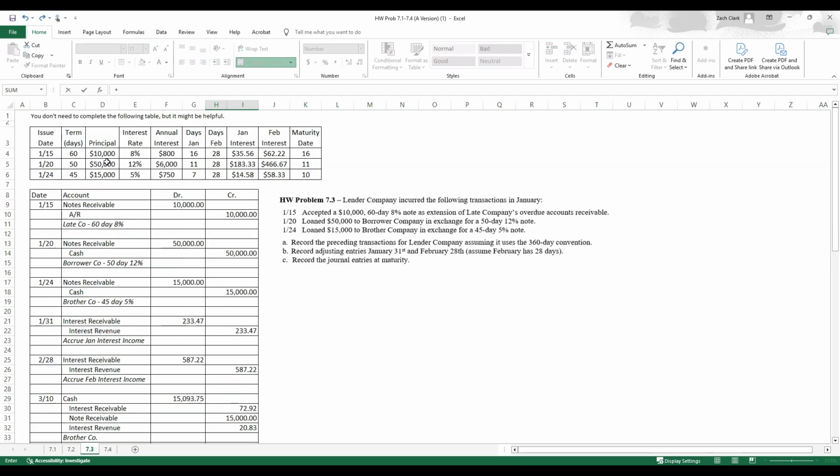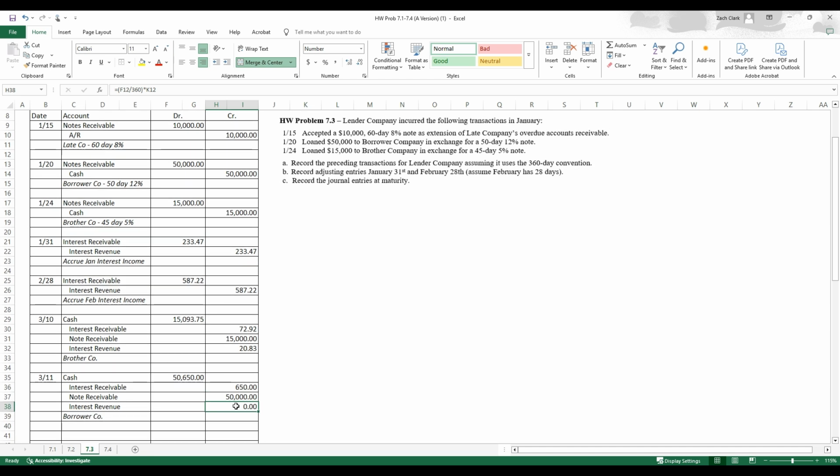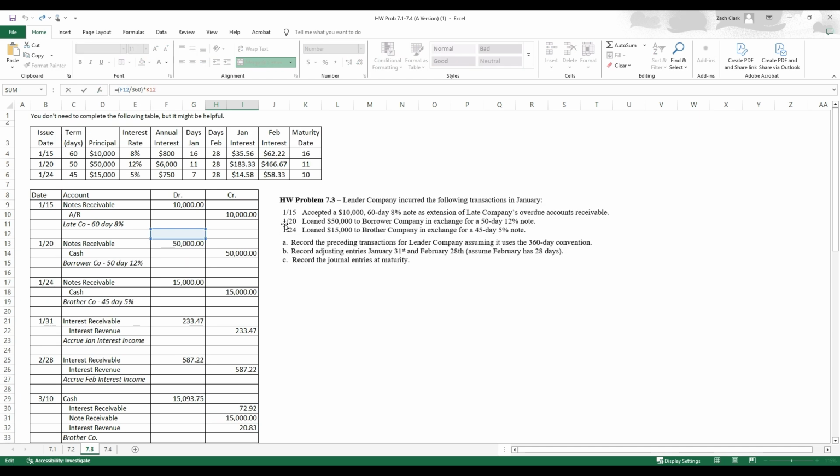The overall note receivable is $50,000 being paid back to us. And then let's copy this formula, or actually it's already kind of in there. Let's just move some of this back up here. So we want 11.